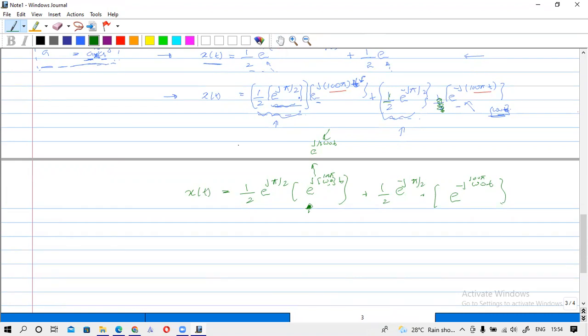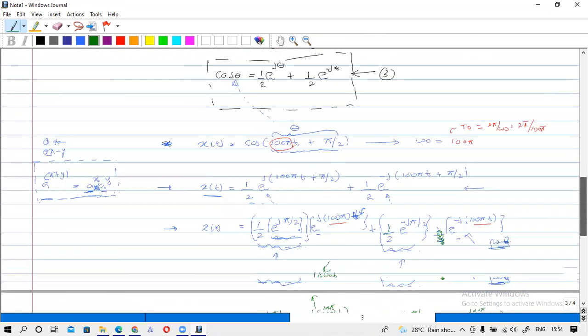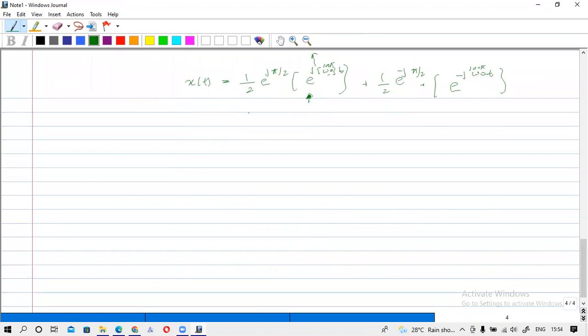So I think you still couldn't understand this, because this is very simple. You are given an x(t) signal, and you are asked to find the Fourier series representation, the complex exponential Fourier series representation, for this signal.